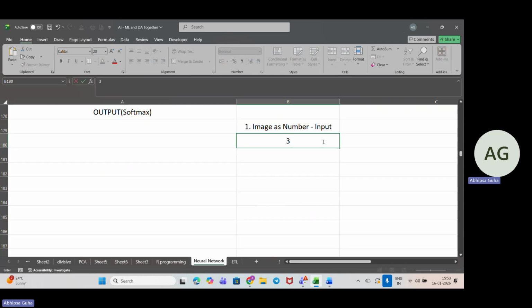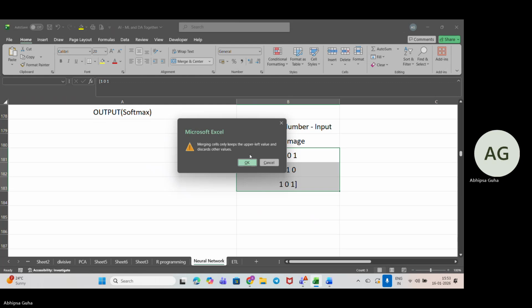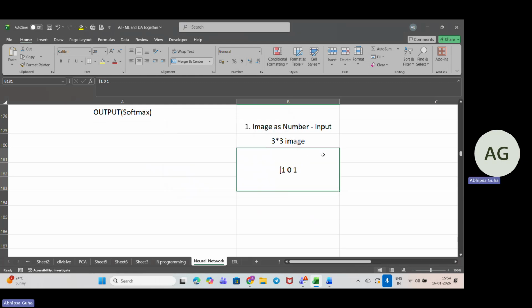So let's take a very small 3 cross 3 image. Now basically, let's take the image as 1, 0, 1. Next is 0, 1, 0. And then we have 1, 0, 1. Like this, I have the entire data, right?